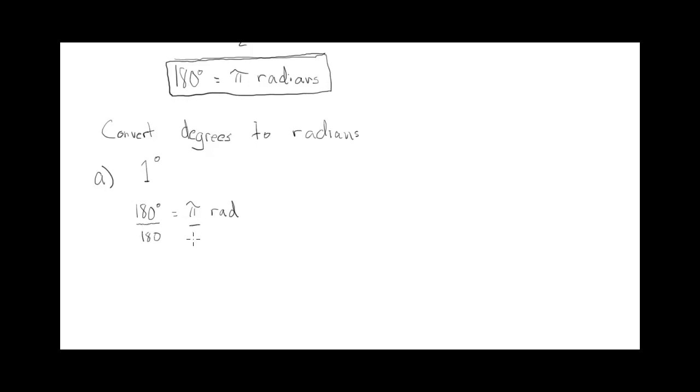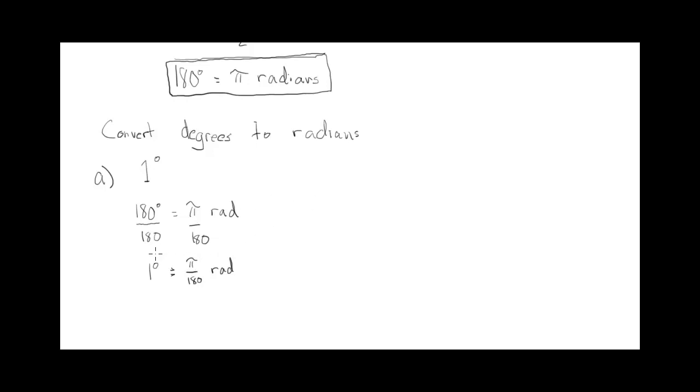So if I divide both sides by 180, I get 1 degree equals pi divided by 180 radians, which you could get as a decimal. It's a very small number, like 3.14 divided by 180. You're going to see when we work in radians, we'll often leave it with the pi in the answer, only because that way it's more accurate.